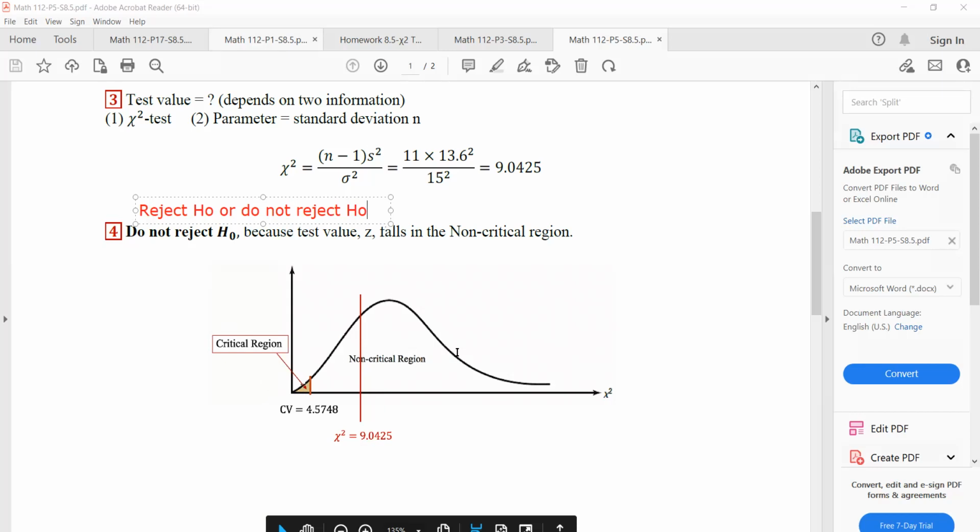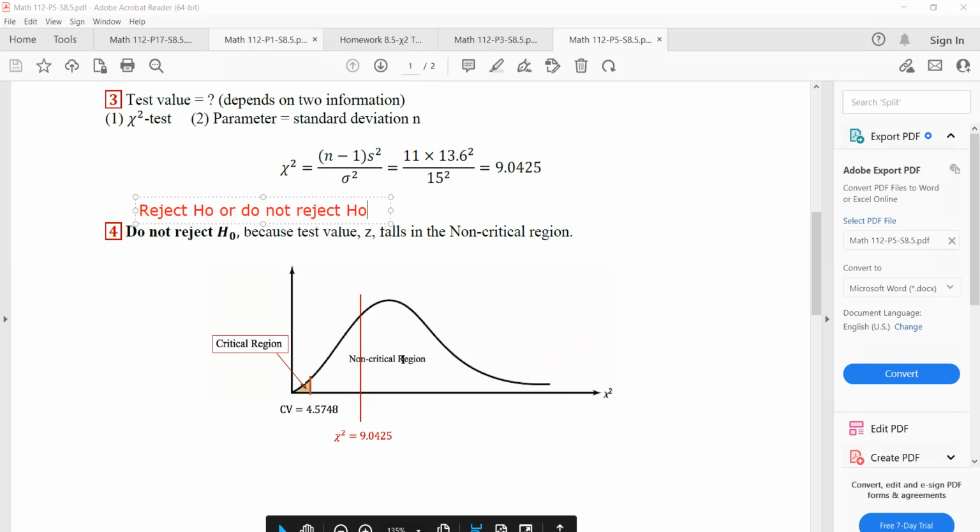Chi-squared is bigger, so it's outside the critical region. Remember, this is the non-rejection region. So we do not reject H0 because the test value falls in the non-critical region. Okay. You do not reject it because it falls in the non-critical region.